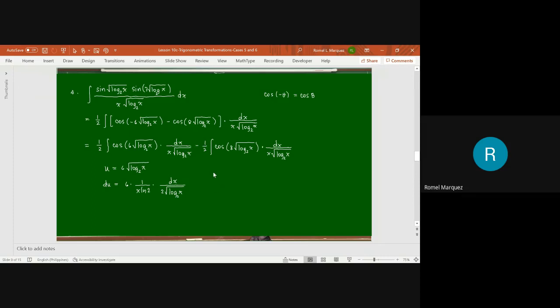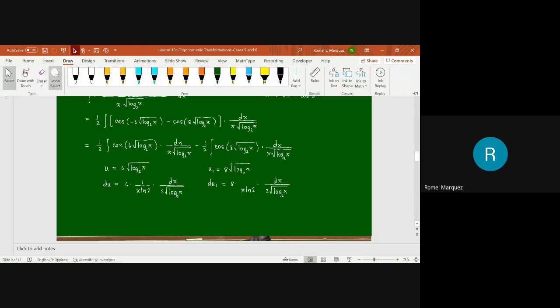Am I correct, guys? For the other one, my u is 8 square root of log of x to the base 2. And then du, similar, no? 8 times. I will just copy everything. It's all right, easier to fix.